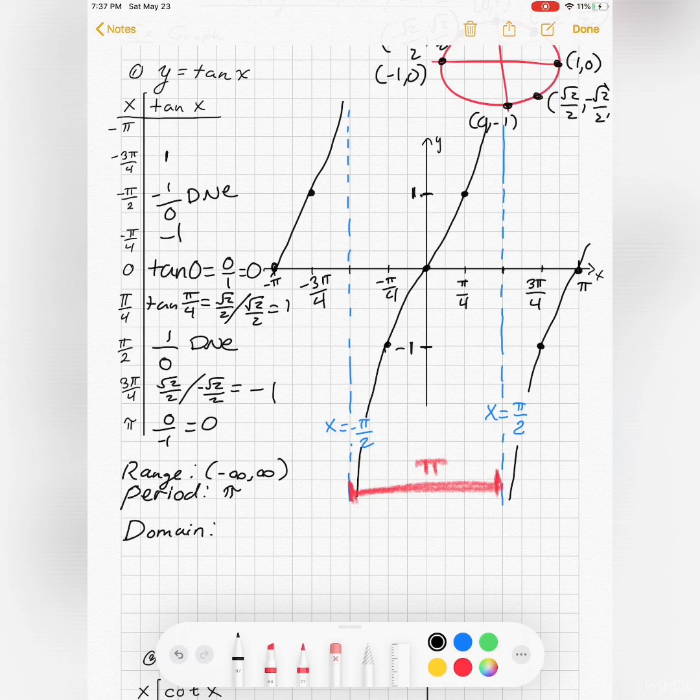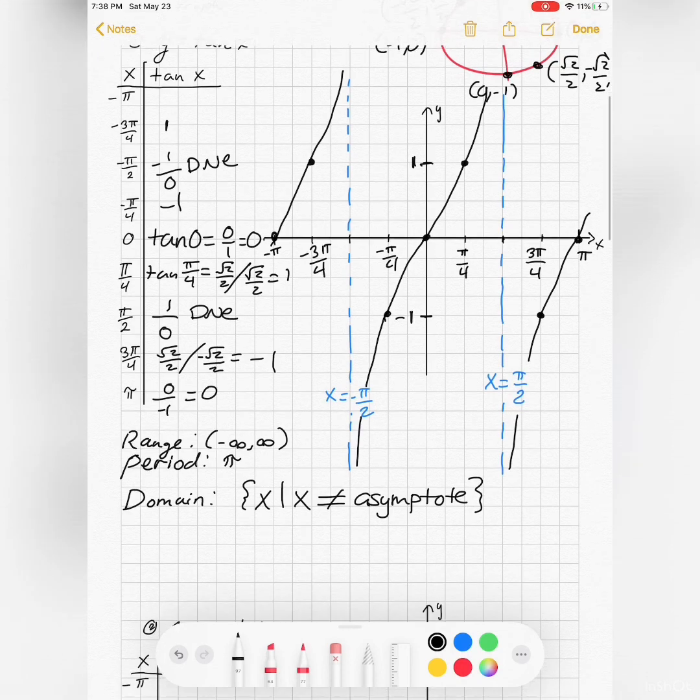Okay, now the domain. That's the one that's kind of interesting. So how do I say this? So what I really want to say is something like all the x's where x is not an asymptote. Okay, so, well, how do I say that mathematically?